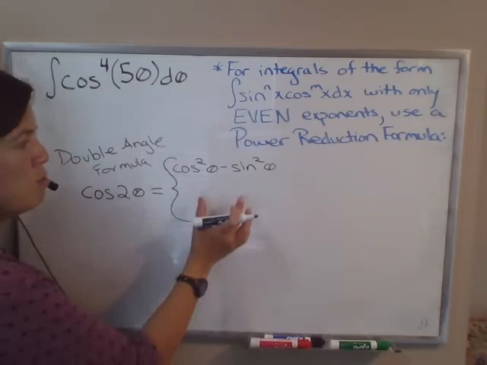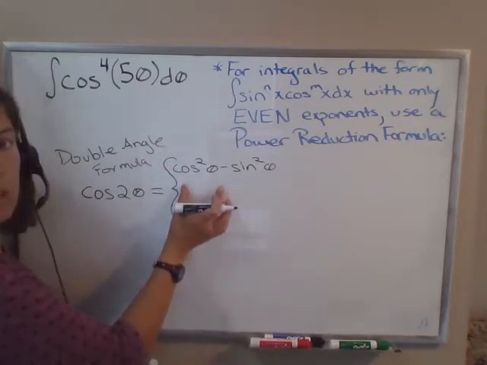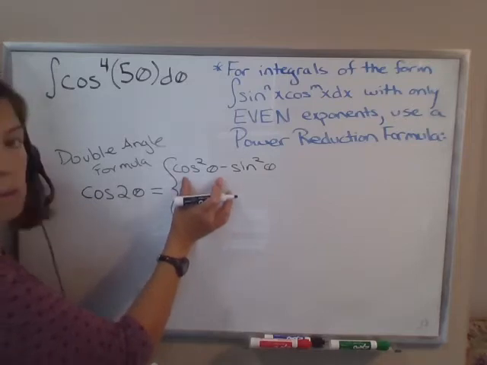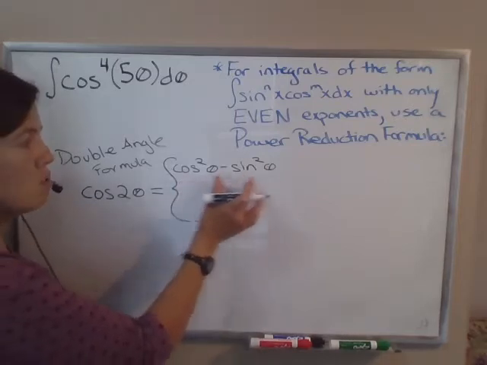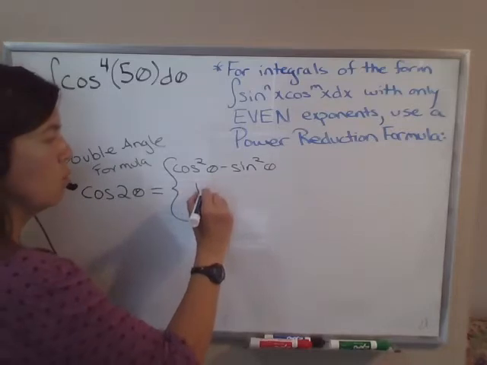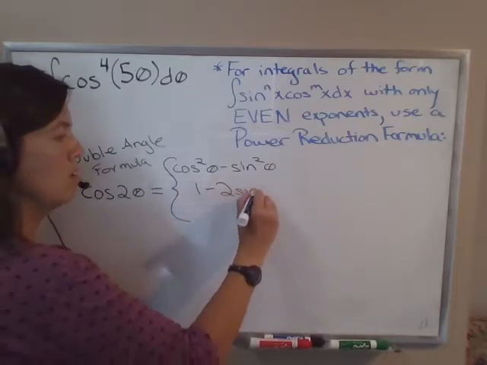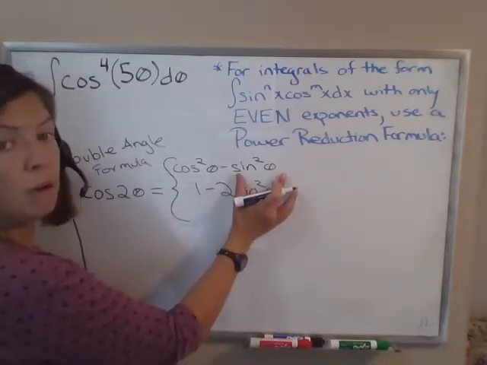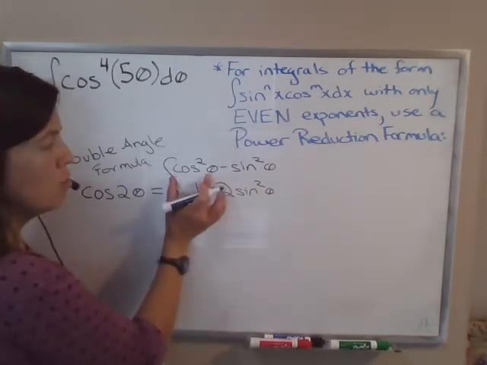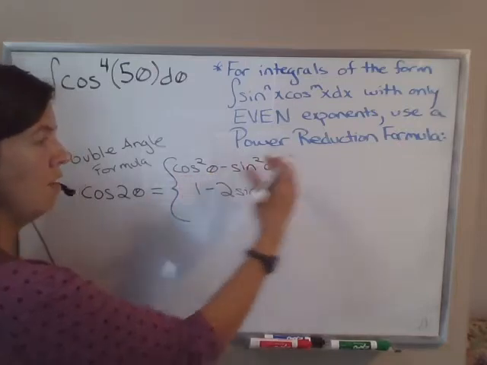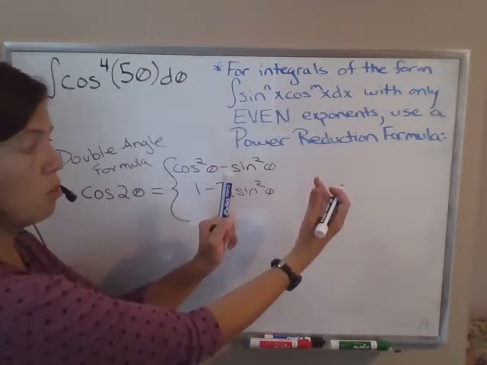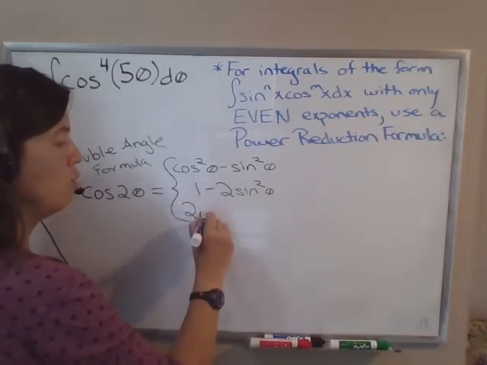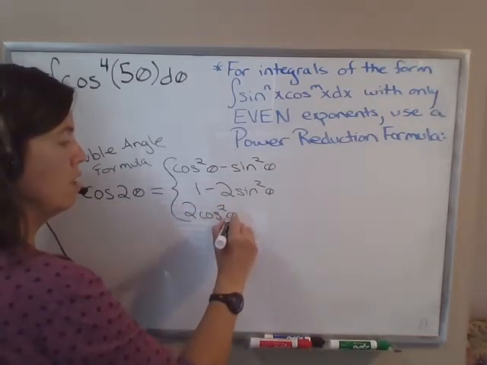Notice that if you substitute, say a cosine squared we know now is 1 minus sine squared, you'll have 1 minus sine squared minus sine squared. So 1 minus 2 sine squared theta. Similarly, if we substituted a 1 minus cosine squared here, so you have cosine squared minus parentheses 1 minus cosine squared, distribute the negative, you'll end up with positive 2 cosine squared theta minus 1.